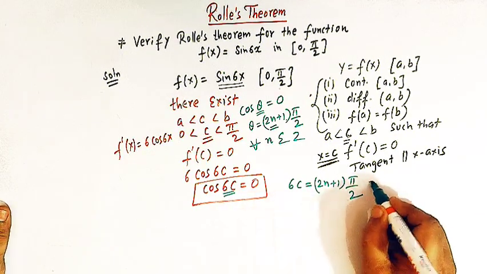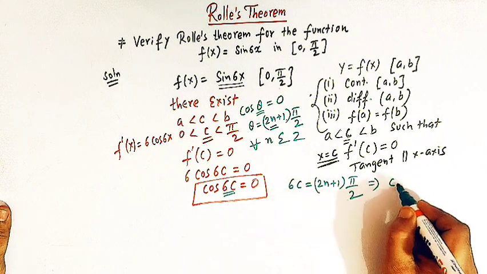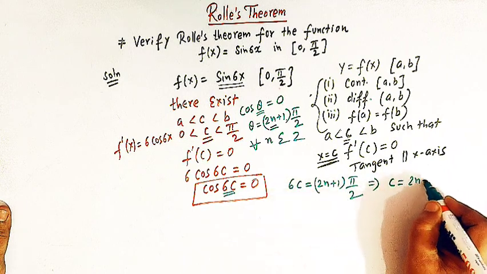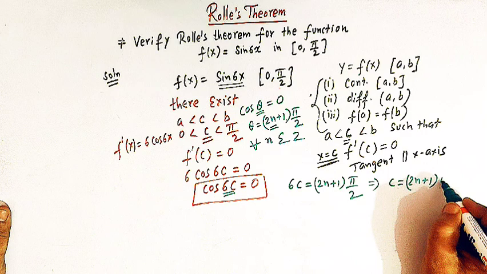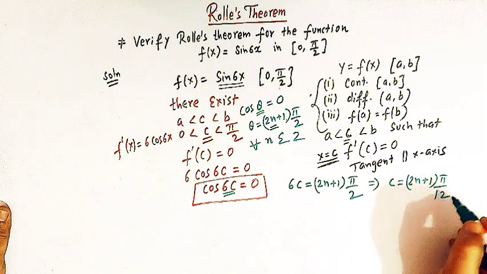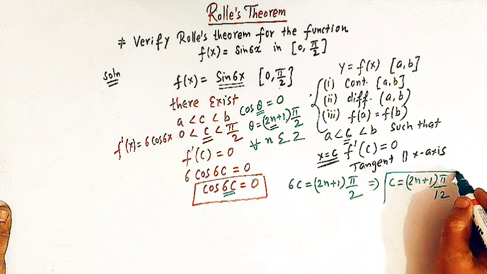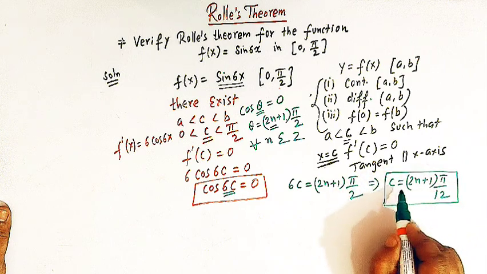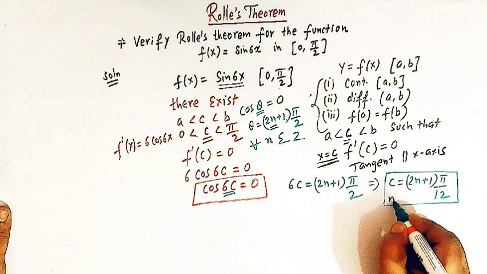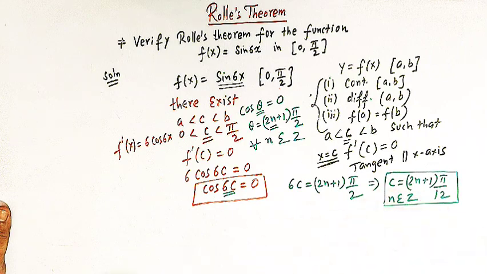So now we can write the value of c as (2n plus 1), and here we have pi over 12. So we'll multiply this 2 with this 6, right? So this is the general value of c where n belongs to the set of integers, right?